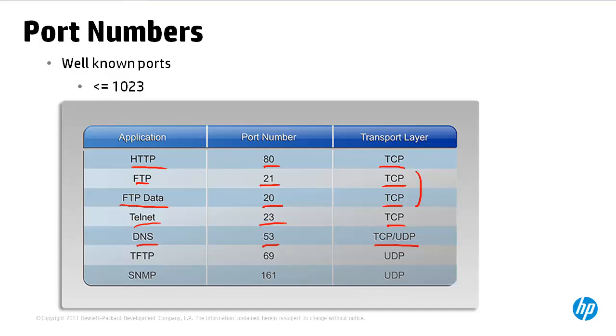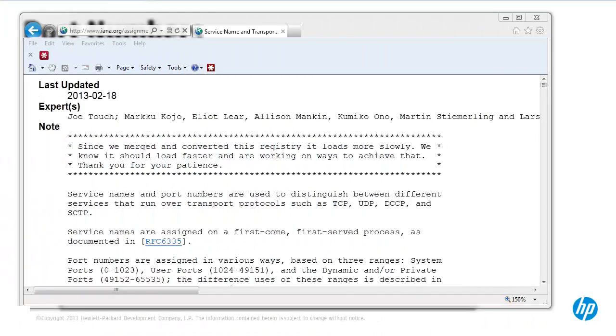TCP is used when the response data exceeds 512 bytes, and TCP is also used for tasks such as zone transfers. Zone transfers are used in DNS for the replication of databases containing DNS data across a set of DNS servers. TFTP uses port 69, but uses UDP. SNMP uses port 161, and it also uses UDP.